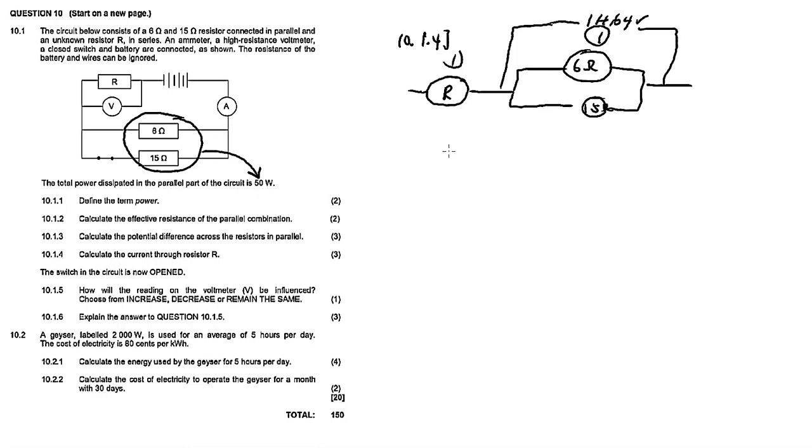So we're going to use Ohm's law. Current is equal to V over R, right? So the current is equal to, we use the total effective resistance for the parallel connection. So therefore V is 14, the formula, right?